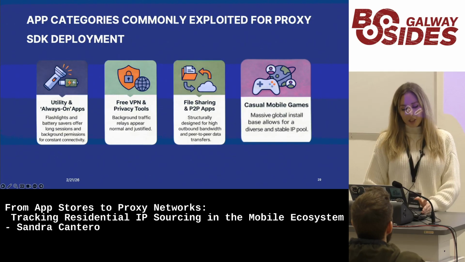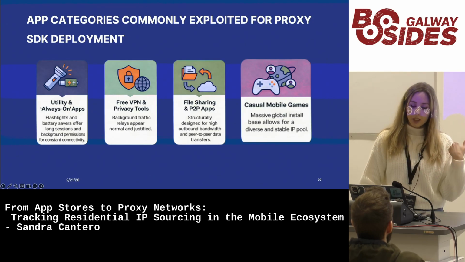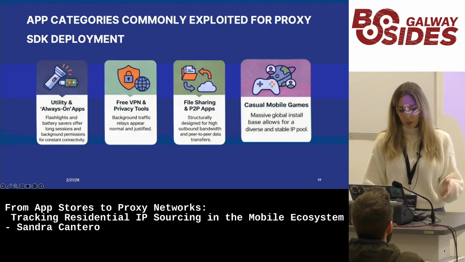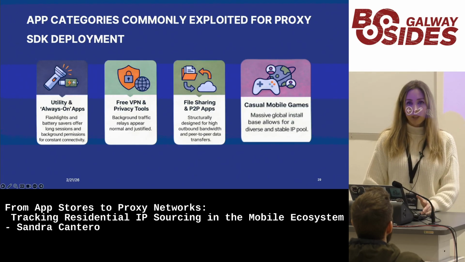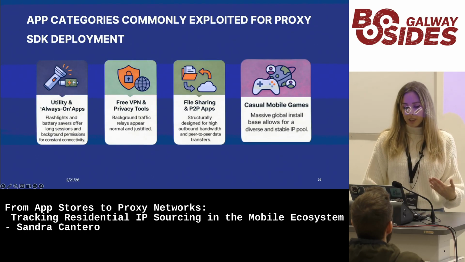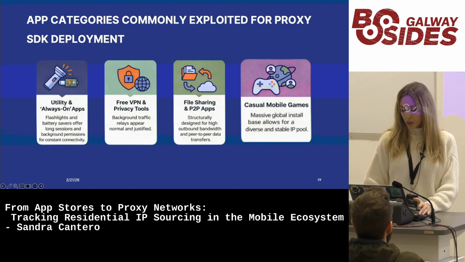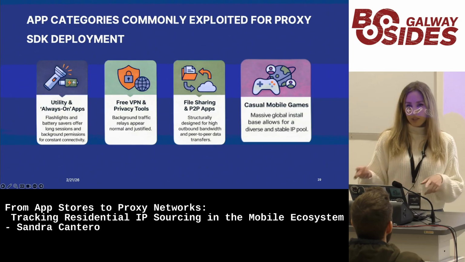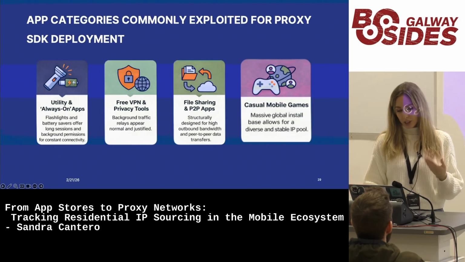We also have file sharing and peer-to-peer apps. And as we have seen, casual mobile games, because mobile games allow a massive global install base, so they are widely used for that. And the permissions they normally include are network access, as I said, background execution, and startup persistence.